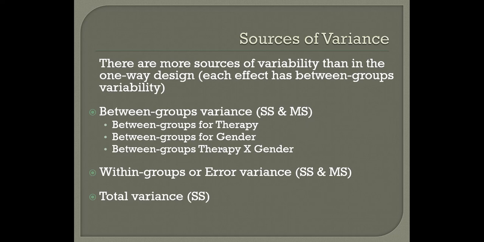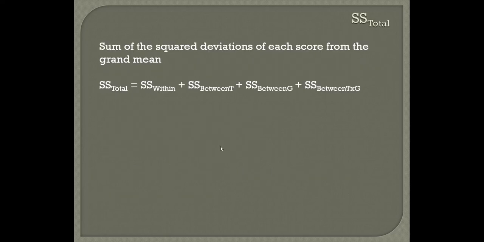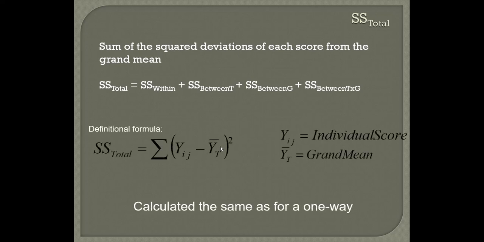And then we also have the error variance, or the within group variability around the within group means, which all combines, if we add them all up, like if we actually calculated all these by hand, to create the SS total, or sum of squares total. So basically all these added together are partitioning up the total sum of squares, the sum of the squared deviations from the grand mean.